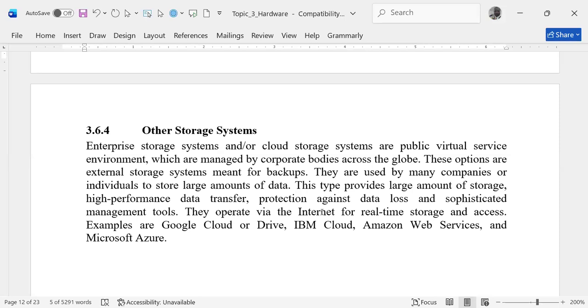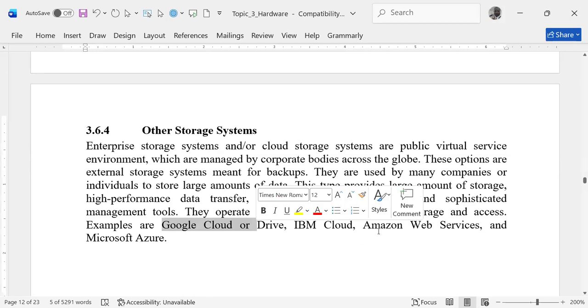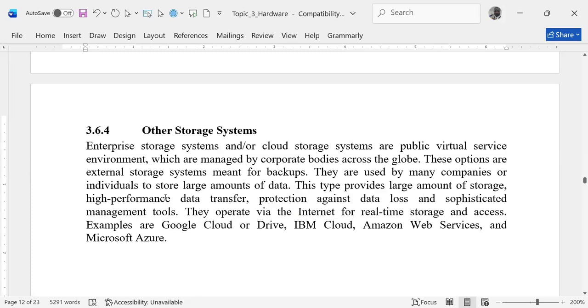So cloud computing or external storage are all part of secondary storage, while we classify them as other storage systems, or enterprise storage systems, where you can save your work on other computers or another organization's system. Examples are Google Cloud or Drive and Microsoft Azure, etc. These are classified as enterprise storage systems, whereby you can buy space in that organization, then work accordingly. Good.